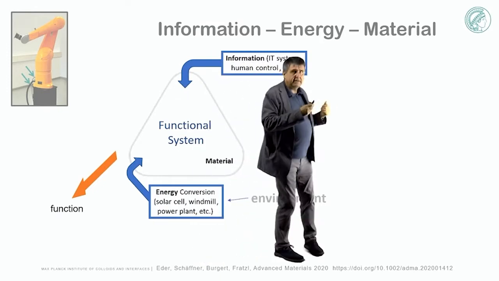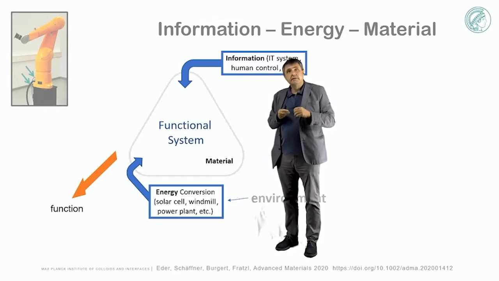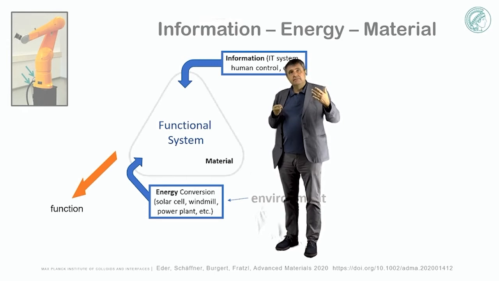Again, a step further to make this even more general as a comment. So let's take engineering material, and let's look at the three components, namely information, energy, and material.